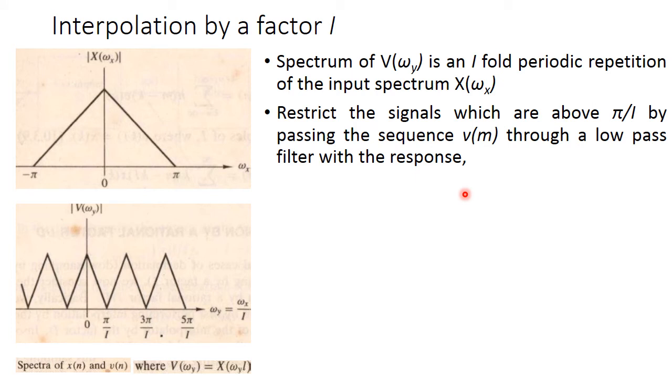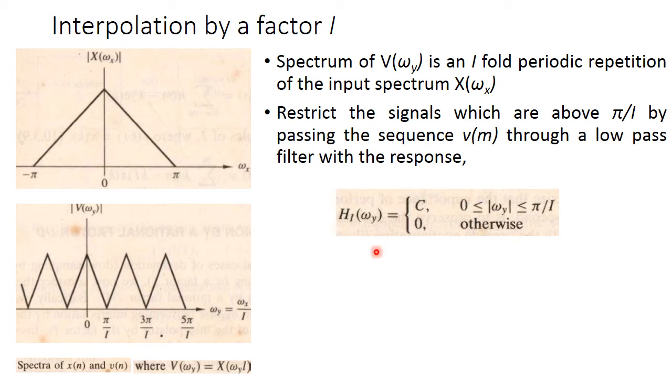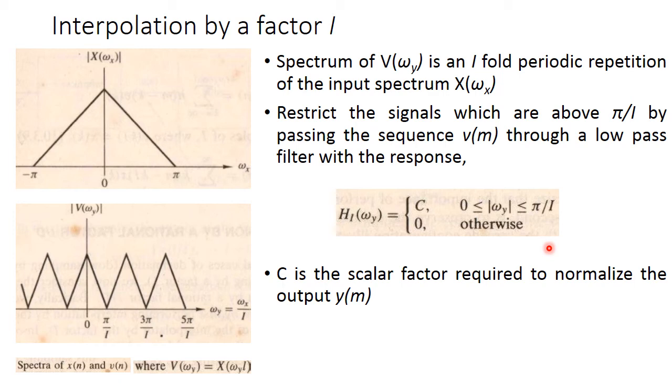That low pass filter should have a response h I of omega y, equal to c between 0 and plus or minus pi by I, and 0 otherwise. Here c is a normalization factor, a scalar factor required to normalize the output y of m from this low pass filter.